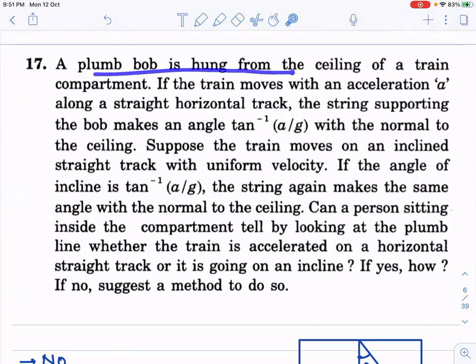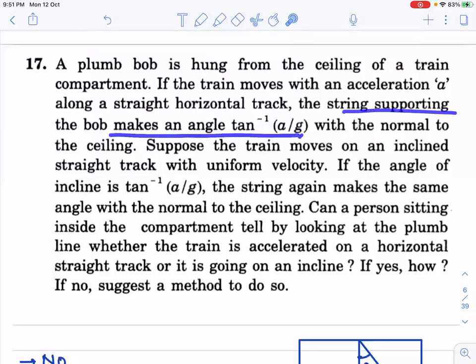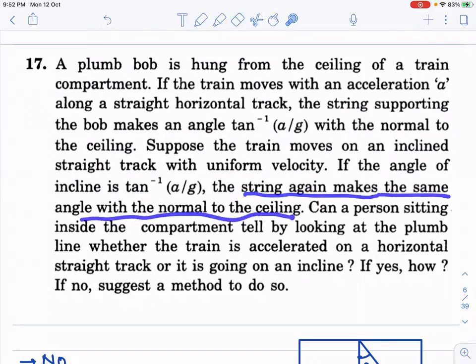Plumb bob is hung from the ceiling of the train compartment. If the train moves with the acceleration A along the straight horizontal track, the string supporting the bob makes an angle this much with the normal to the ceiling. Suppose the train moves on an inclined straight track with the uniform velocity. If the angle of incline is tan inverse A by G, the string again makes the same angle with the normal to the ceiling.